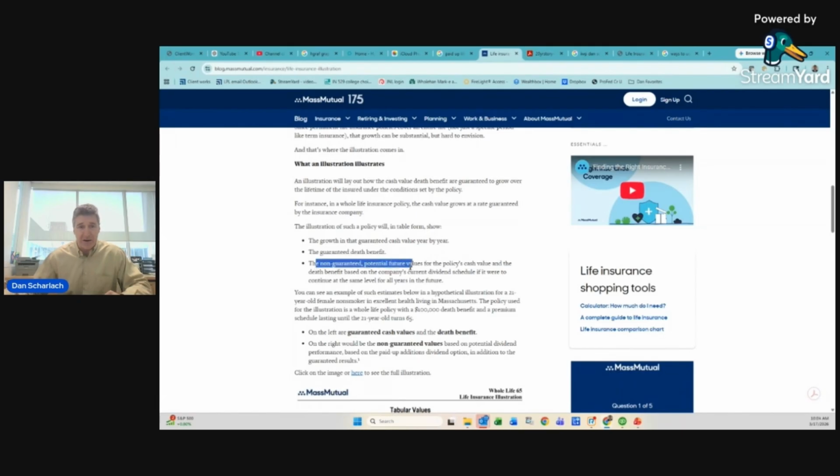And then the non-guaranteed aspects of an insurance policy are going to be in a column very close to the guarantees, but they're going to look different, because most of the time there's a guaranteed minimum on these insurance policies, and then there's a realistic case, which is their illustrative values.